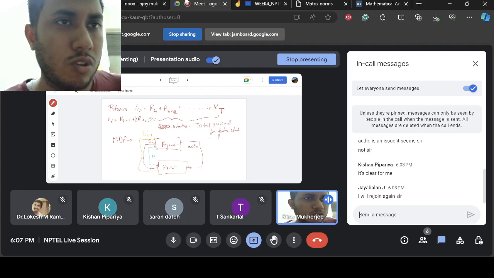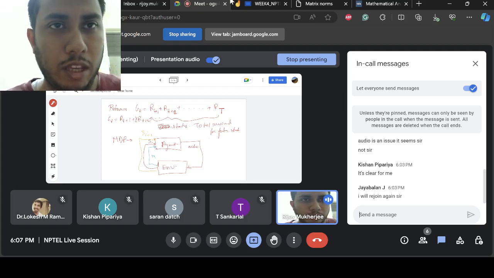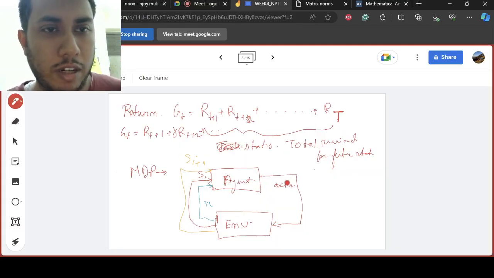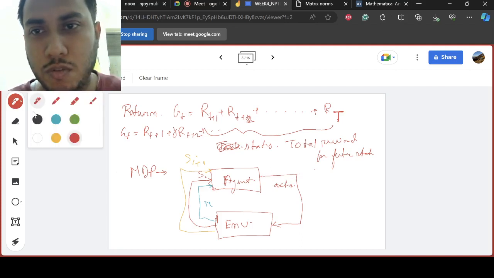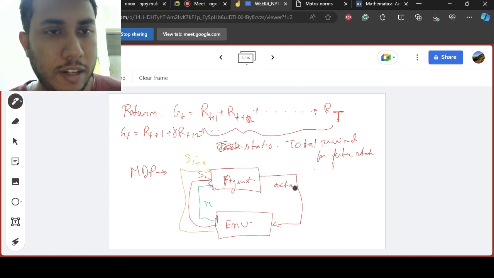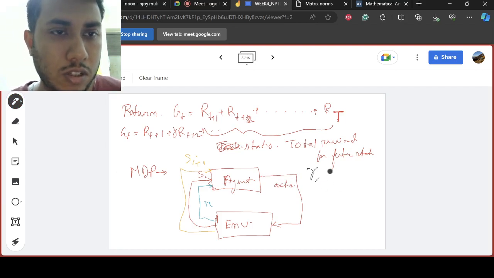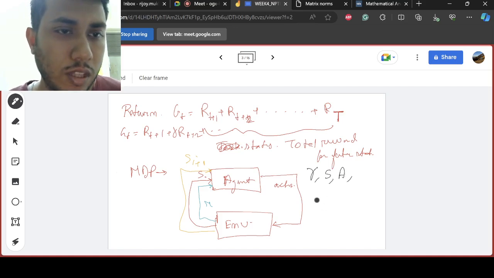So an RL problem as an MDP can be described using these five parameters: your discount factor gamma, the set of states, the set of actions, and the state transition.